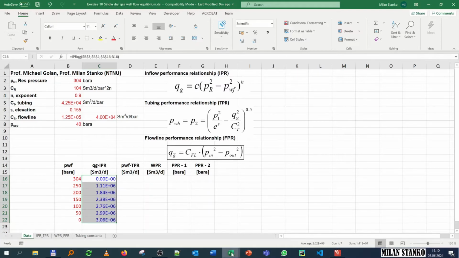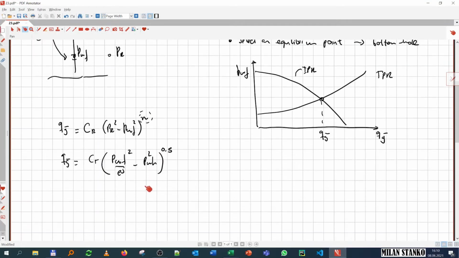Okay, so for that I should use this equation, and I have to clear out the PWF from here.